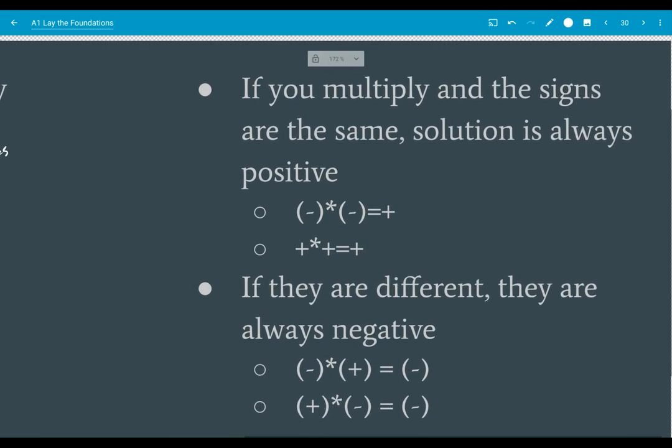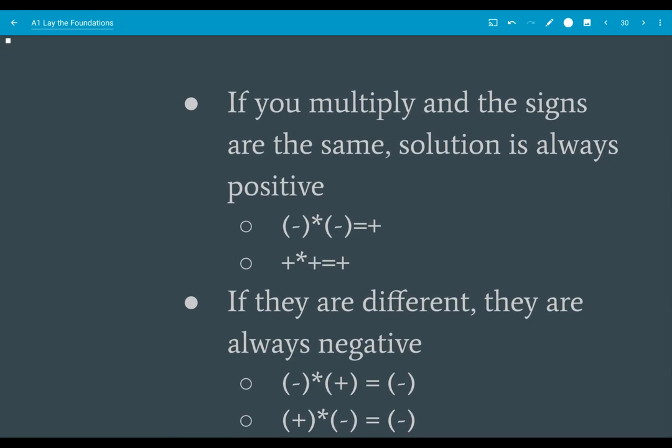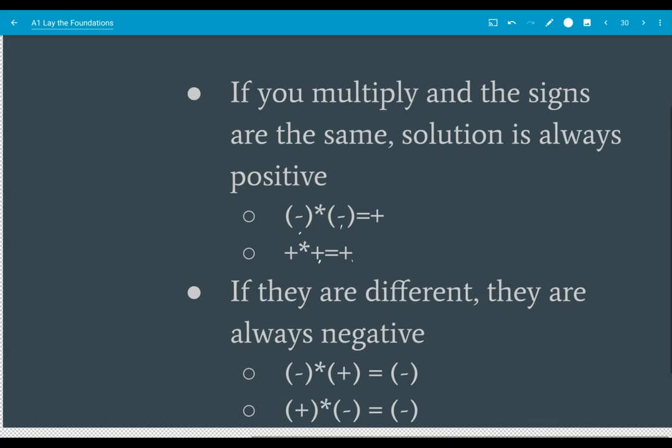Now, a couple of notes about signs in multiplication. If you multiply the signs and they are the same, the solution is always going to be positive, because a negative times a negative is a positive, and a positive times a positive is a positive. It's always going to be that way.